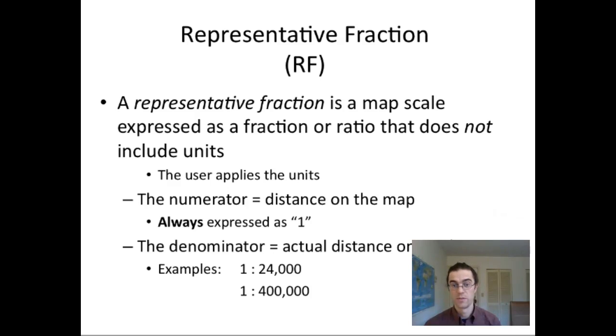1 of anything could be 1 mile on the map if you had a really huge map, right? And would equal 24,000 miles on Earth. It'd be a really big map. Maybe we should go with feet, right, or something. A yard, 1 yard would equal 24,000 yards on Earth. I have seen maps that are at least 5 yards wide, about 5 meters.